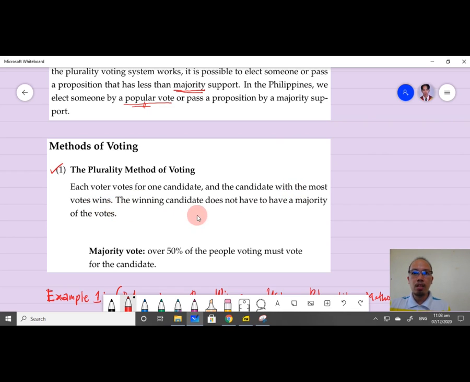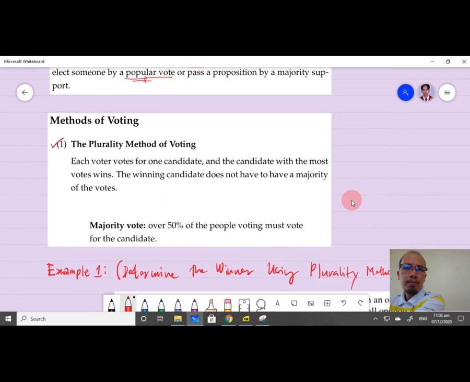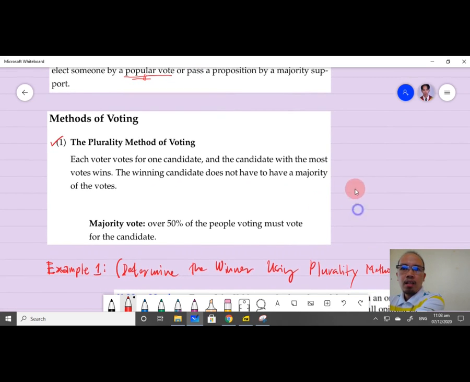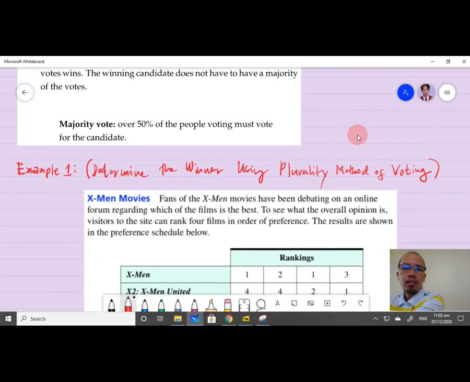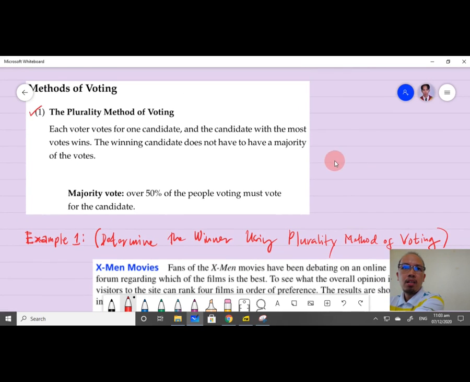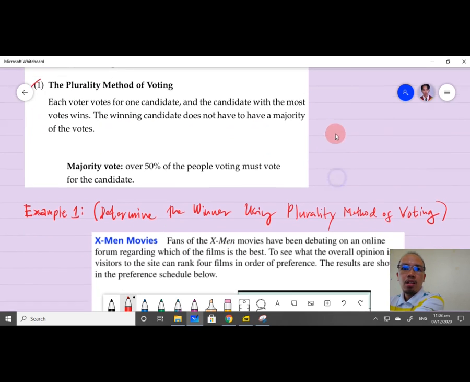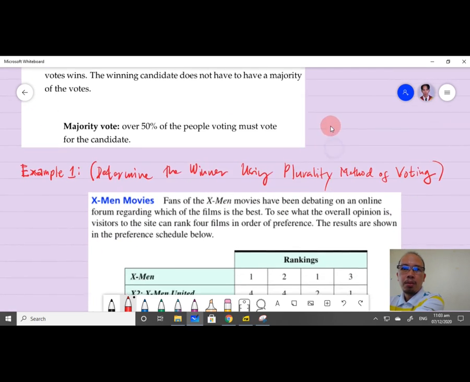The winning candidate does not have to have a majority of the votes. So what does this mean? Let's have an example here. Let me explain this definition using an example.